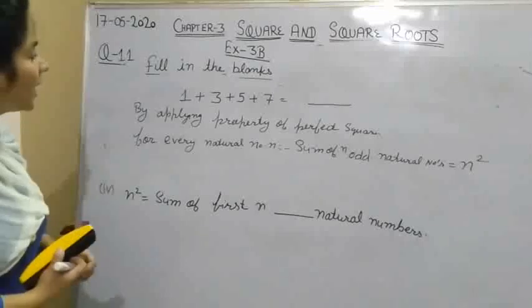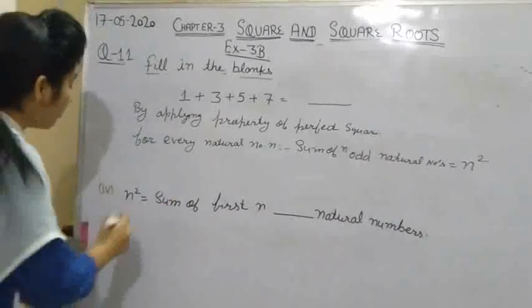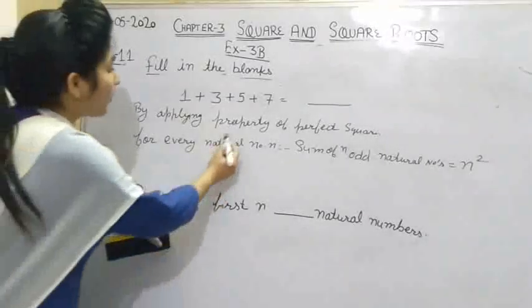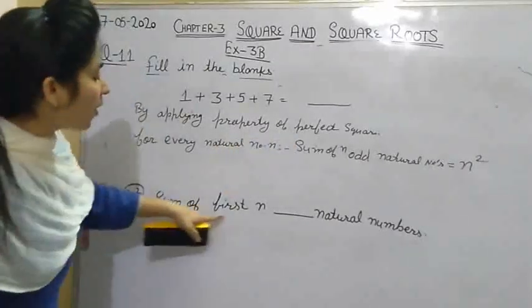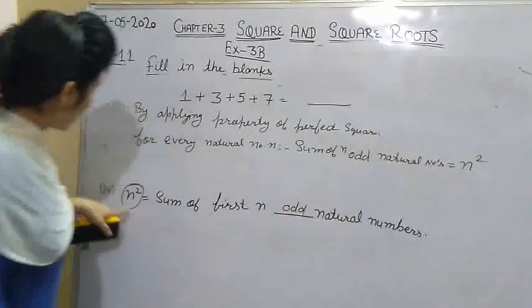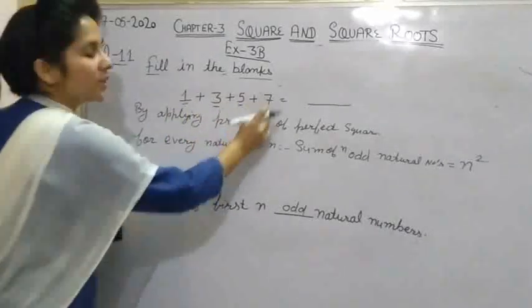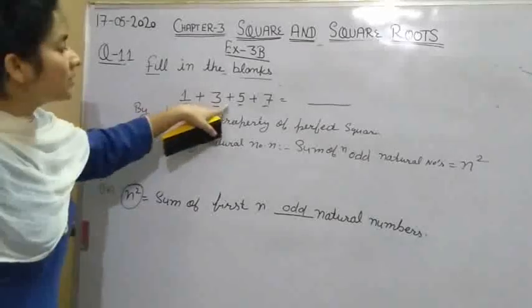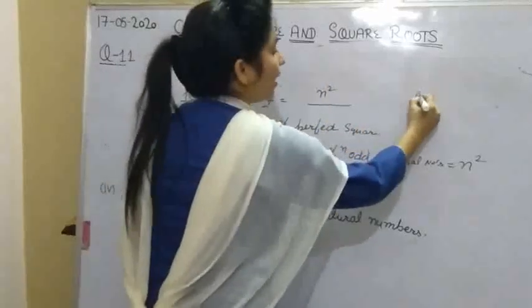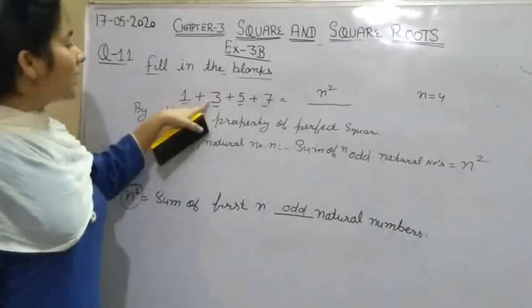You knew that the sum of however many odd numbers we take is equal to n square. Then according to the property of the perfect square, the sum of first n odd natural numbers is equal to n square. There are all odd natural numbers with their sum equal to n square, and the value of n is how many odd numbers there are. 1 2 3 4.